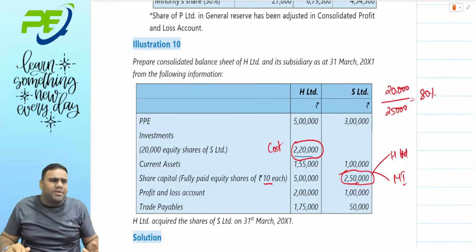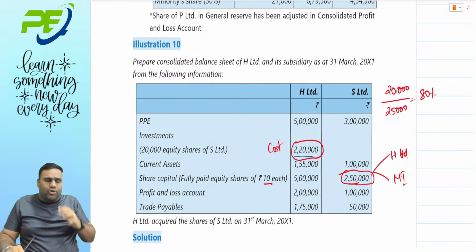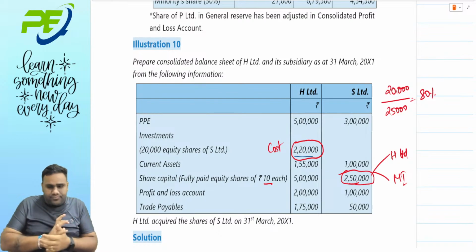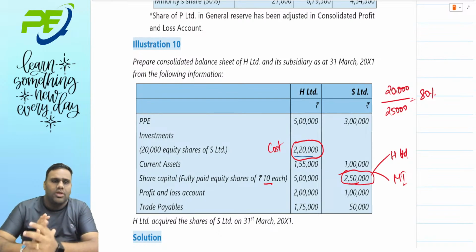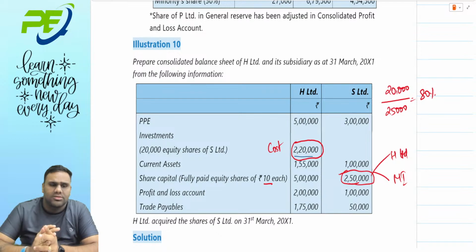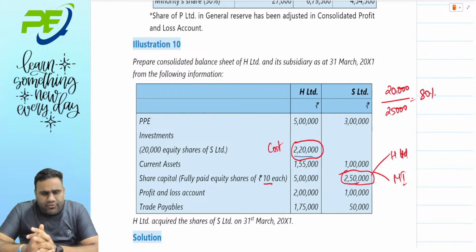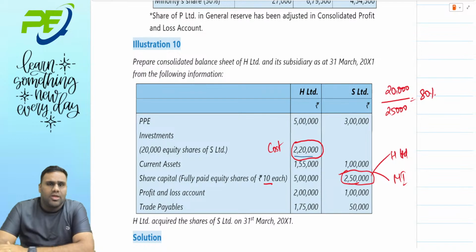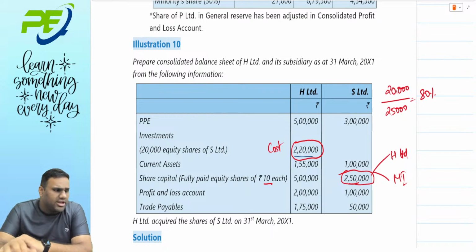Everyone, go to your summary notes. Point number four, procedure for consolidation.